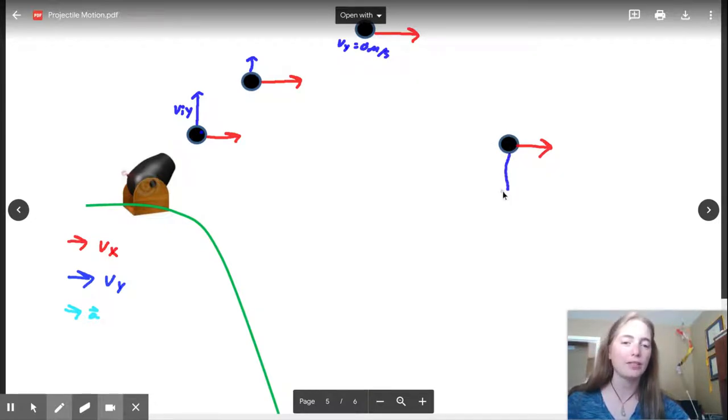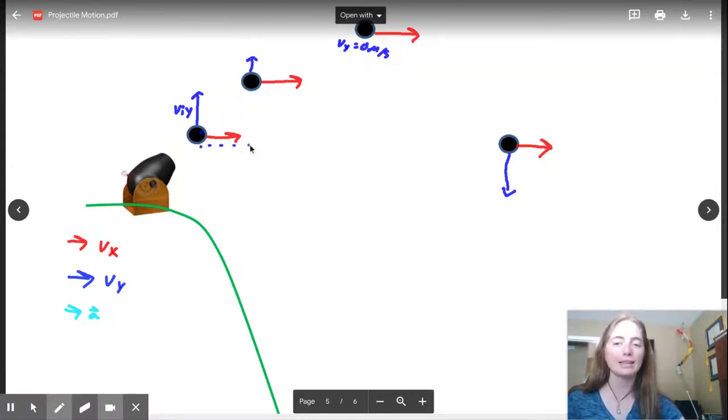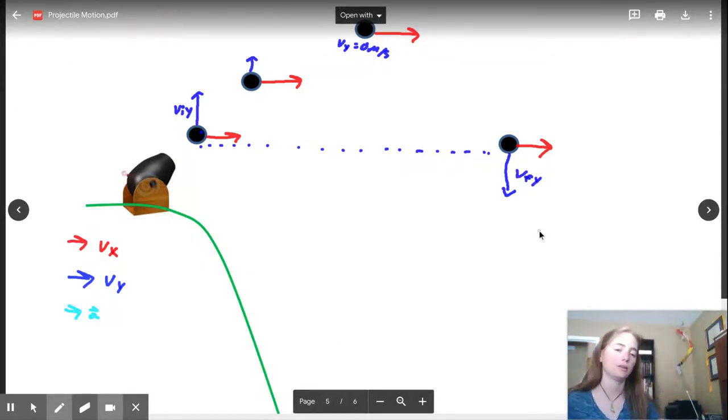Now, when we're at this point, when these guys are at an equal height, what is this value here? I'm going to call this VF on the y. What is that going to be?